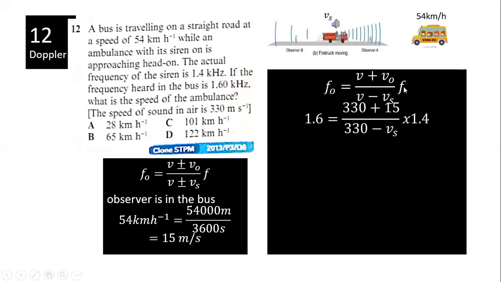Okay, and then your frequency, it doesn't matter. You put kilohertz, you get kilohertz, that's all. And then this is what is given.